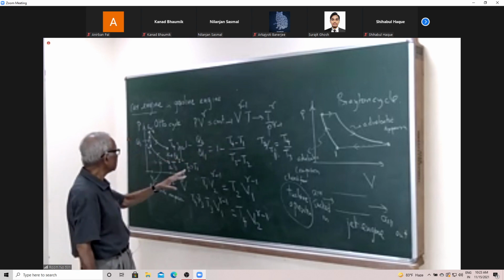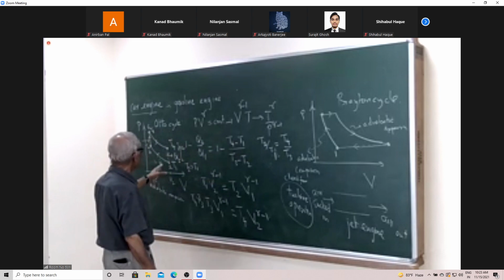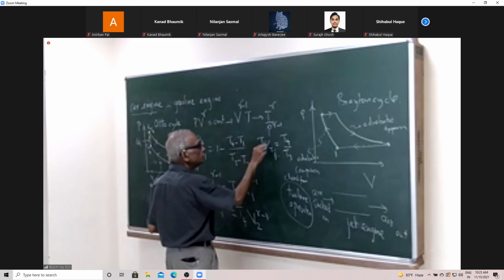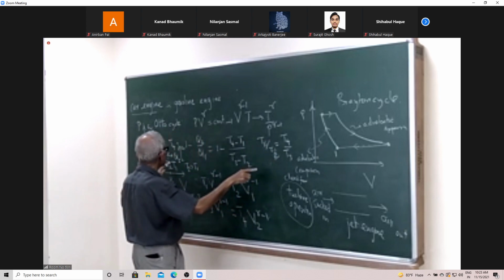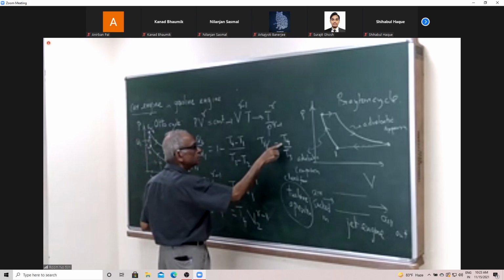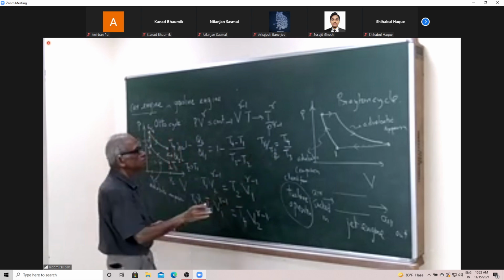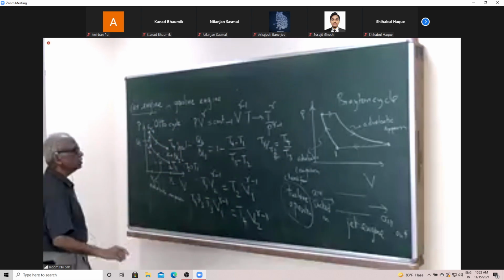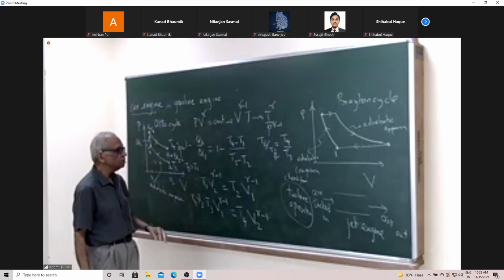T1 is the lower temperature and T2 is the higher temperature, and T4 is the lower temperature and T3 is the higher temperature, right? So T1 by T2 equals T4 by T3.